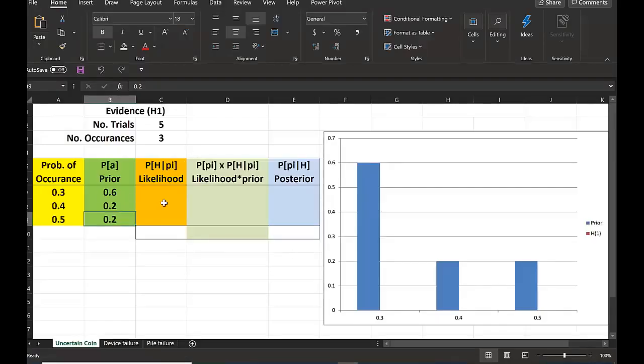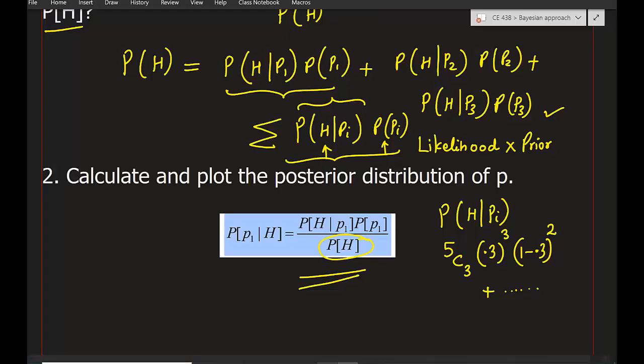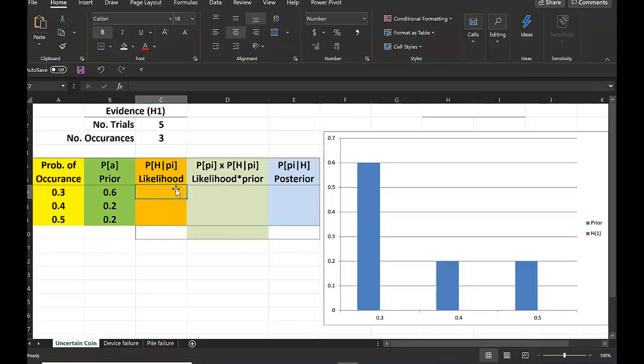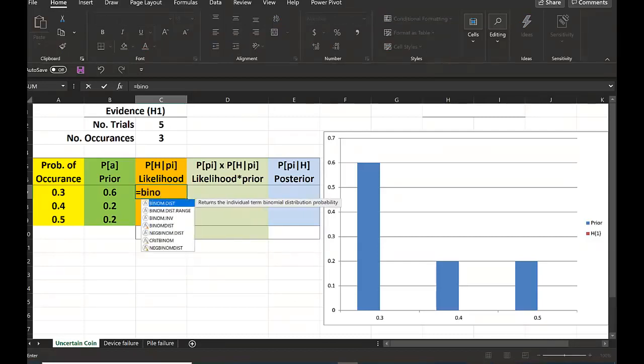So this is the prior, and the likelihood is nothing but 5C3. In Excel we have the binomial distribution function, BINOM.DIST. Press the tab key, and it asks for number, trials, probability and cumulative.